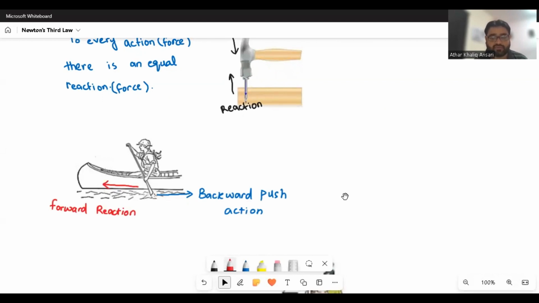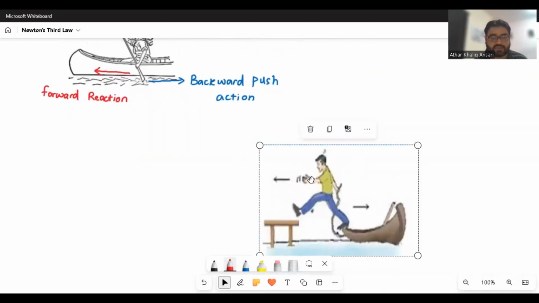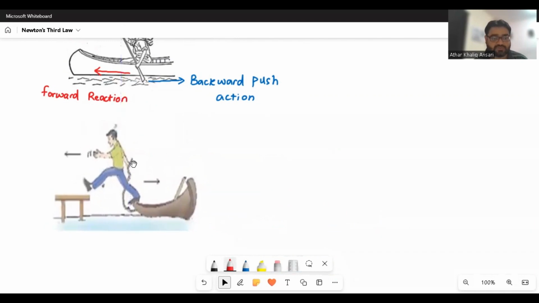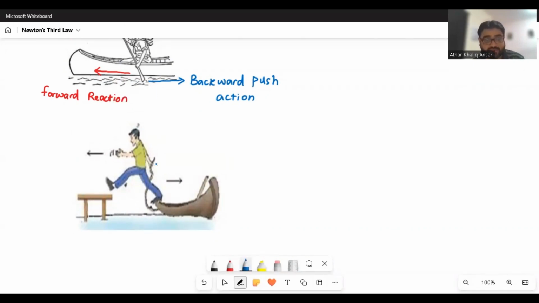Similarly, if we move here, there is a boy or a man who is trying to jump from the boat to the dock. When he's trying to jump, what he's doing is pushing the boat backward. When he is pushing the boat back as an action, in the reaction the boat applies an equal force in the opposite direction.